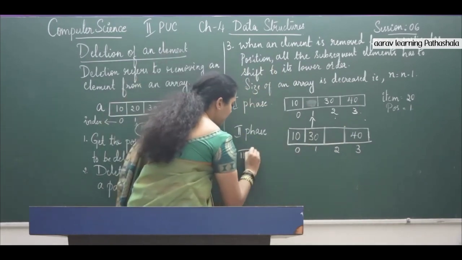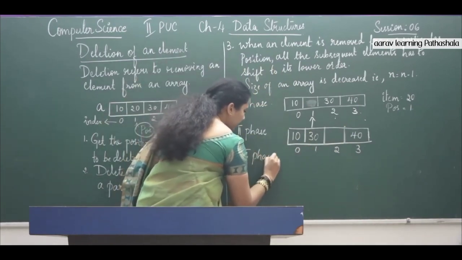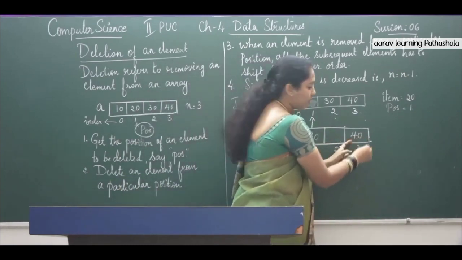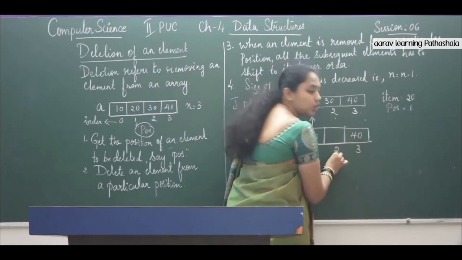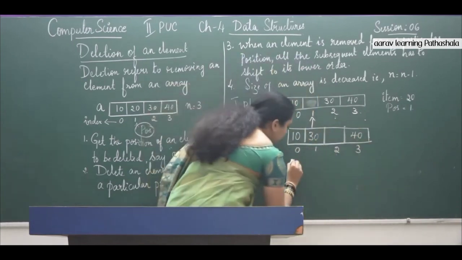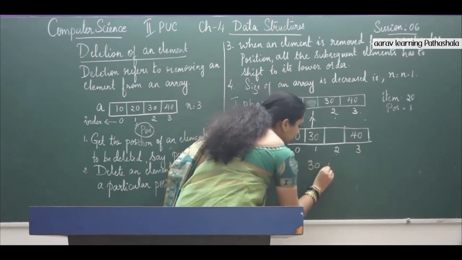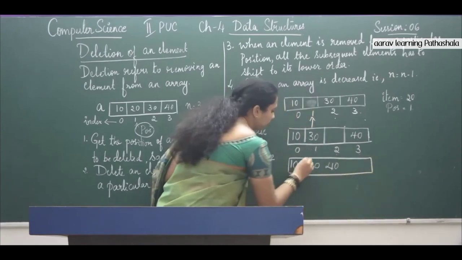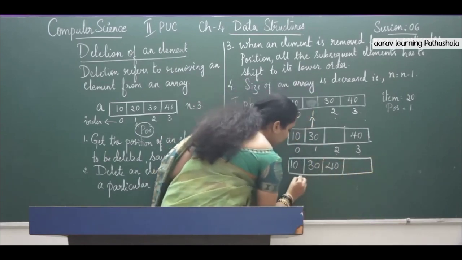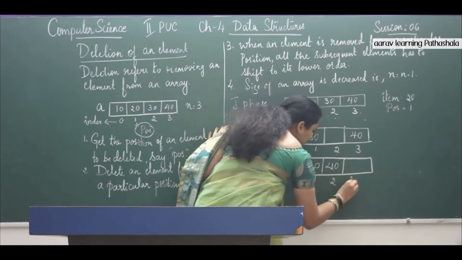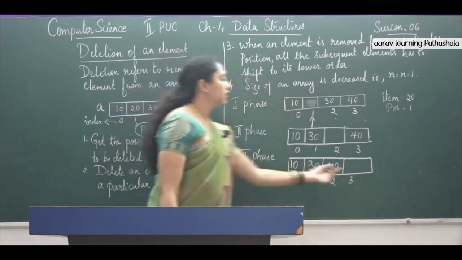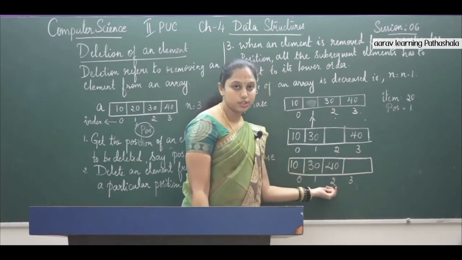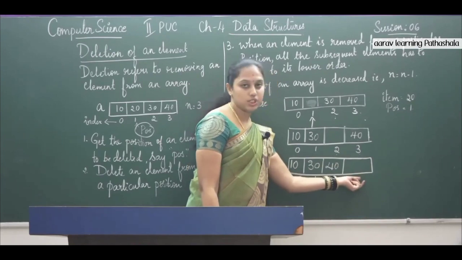In third phase, I am going to shift the element 40 from position 3 to position 2. See, I have shifted the element 40 from position 3 to position 2. Now this position is empty.